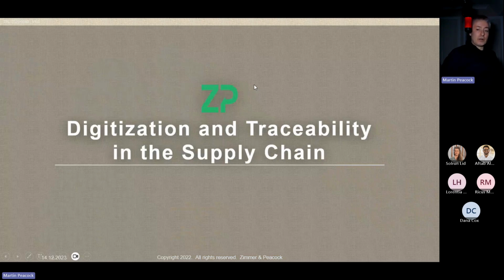So I've got a macro heading here, which is digitization and traceability in the supply chain. You'll see what I mean by that in a minute. The standard way of knowing the hotness of a chili product could be a taste test, or you could gather a certificate of analysis by HPLC, but it's not necessarily digitized.